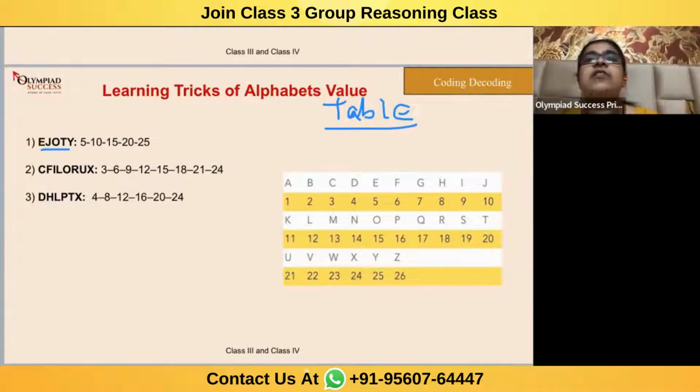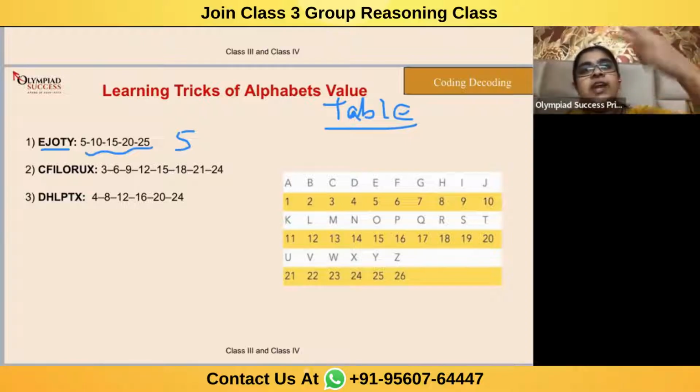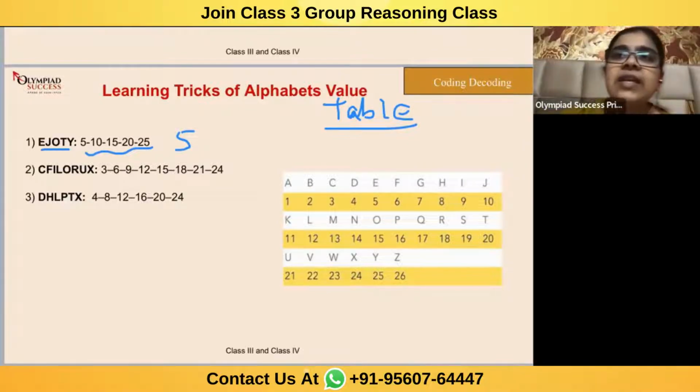Krishan, Shankar, Shivain, very nice, correct answer. This is the table of 5. 5 ones are 5, 5 twos are 10, 5 threes are 15, 5 fours are 20, 5 fives are 25. Similarly, Sifil Oraks, guys, have a look. I call it separately like this.